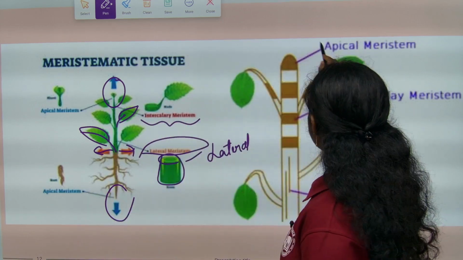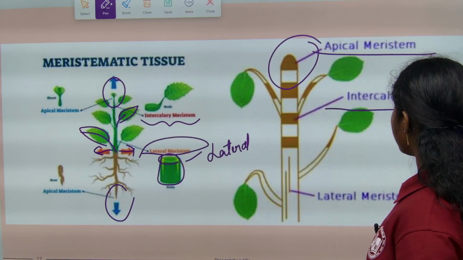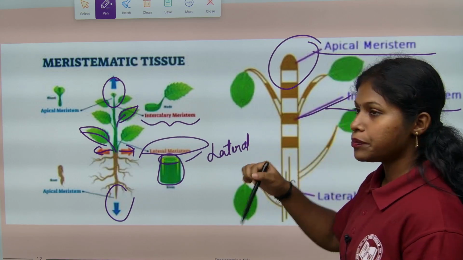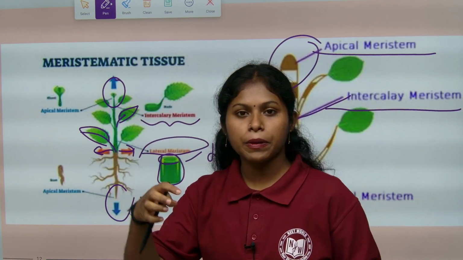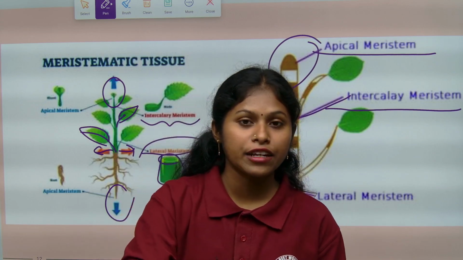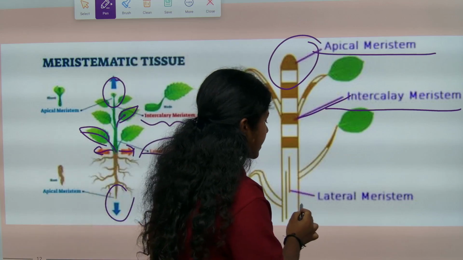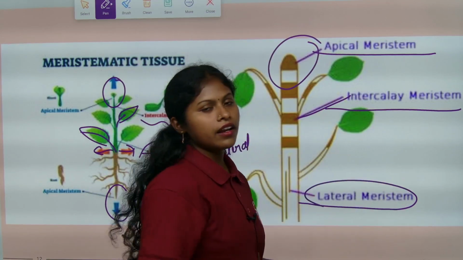So in the apex region there is apical meristem, and the intercalary meristem is present in the nodes. It mainly is involved in elongation. The plant reaches its height because of the intercalary meristem. Elongation happens due to the intercalary meristem, and the girth increases due to the lateral meristem.